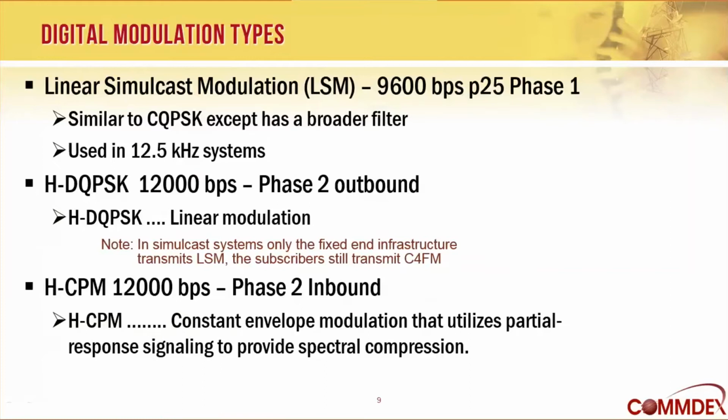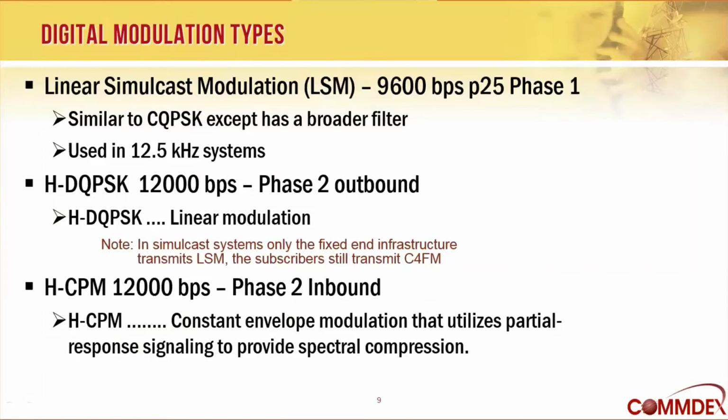And we talked about phase 2 P25 and the fact that there is one type of modulation for inbound and another type for outbound signaling. And the reason for that is that these more sophisticated and complex modulation schemes are difficult to implement on a portable or mobile radio, and they're expensive to produce.